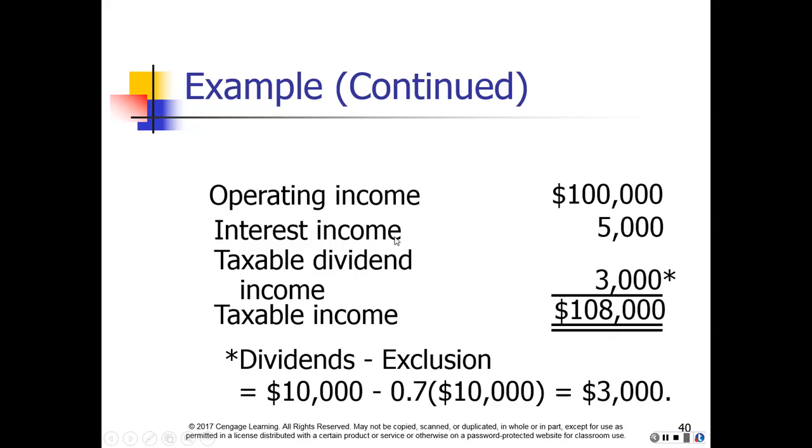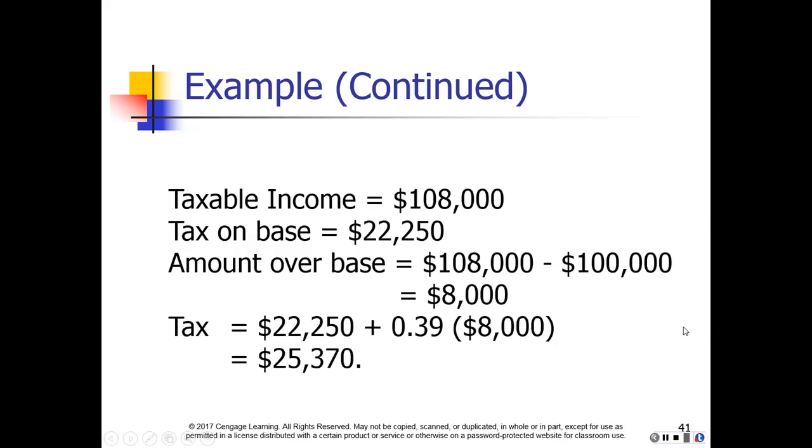This is not interest paid out, but this is interest that the company earned from its marketable securities. And then there was 10,000 in dividends, but 70% of that is excluded. So only 30% of 10,000 is taxable. So 30% of 10,000 is 3,000, and the company's taxable income is now 108,000, right?